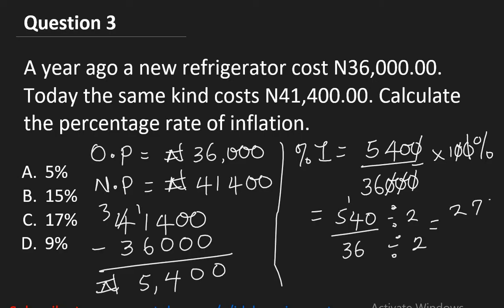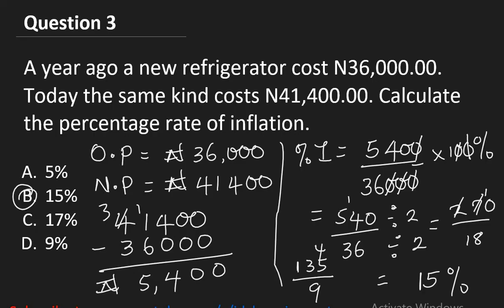That's 270, 2 into 540. Divide by 18. 2 into 2 is 1. 2 into 7 is 3, remainder 1. 2 into 10 is 5. 135. 2 into 18 is 9. 9 into 13 is 1, remainder 4. 9 into 45 is 5. So if you carefully divide, you are going to get 15%, which is option B as your answer.